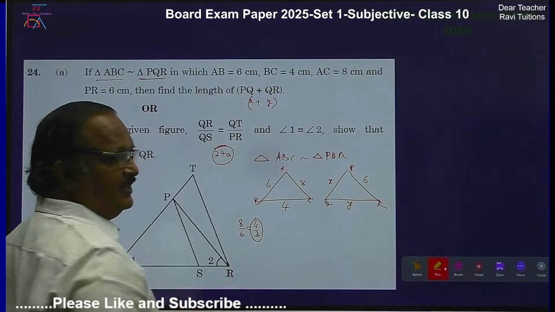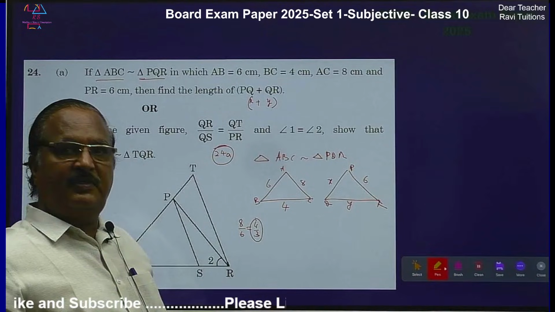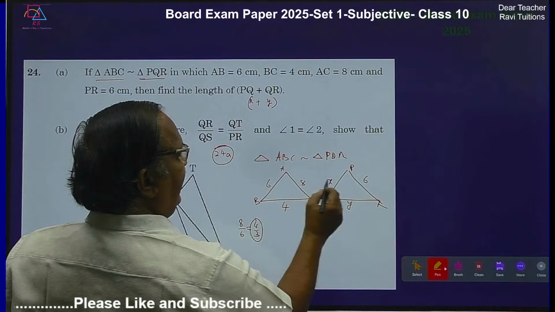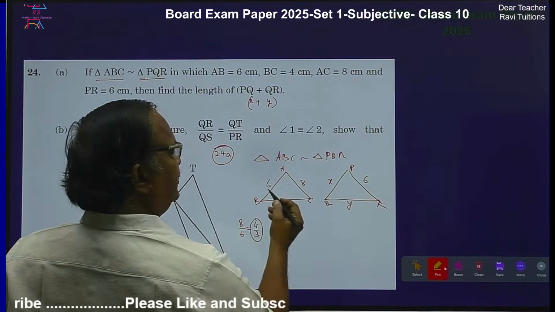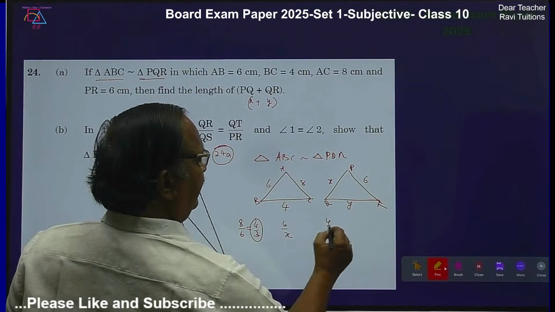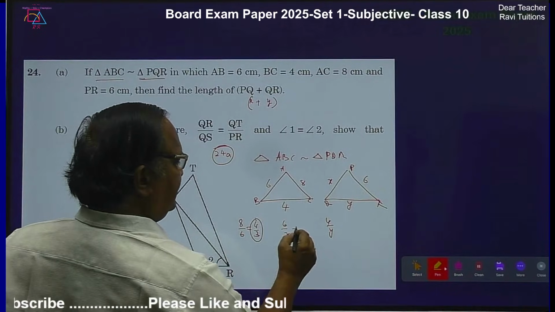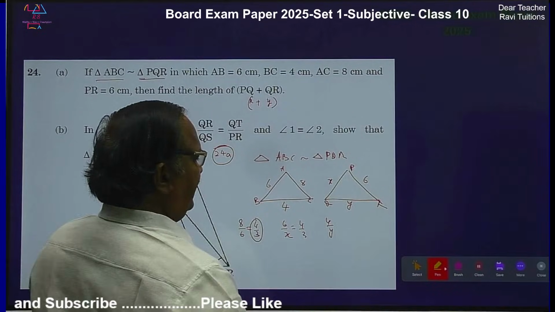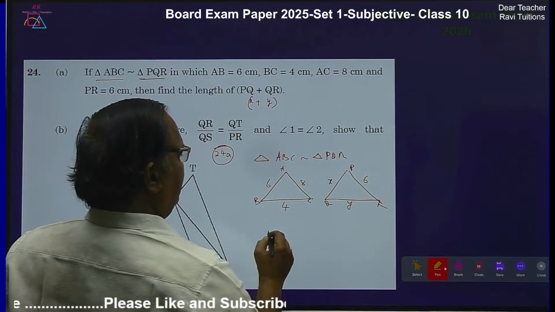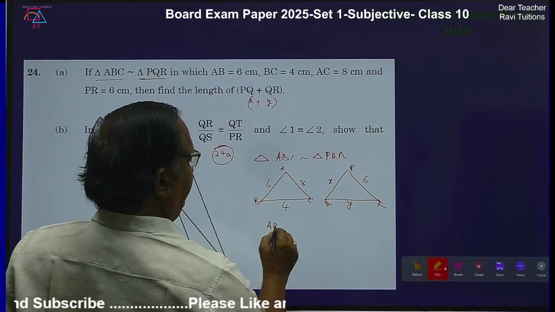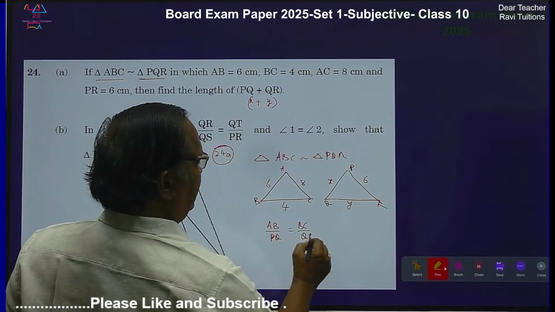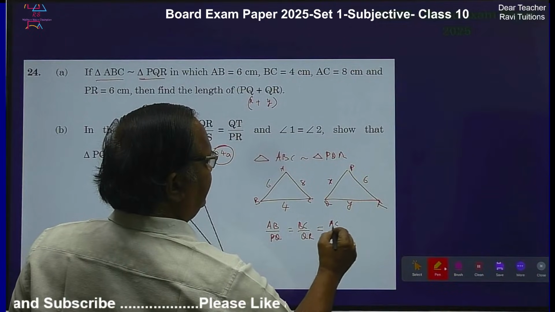So this 4 by 3 is equal to the other two pairs. So 6 by x and the other one is 4 by y. Otherwise I will write directly: AB by PQ is equal to BC by QR is equal to AC by PR.